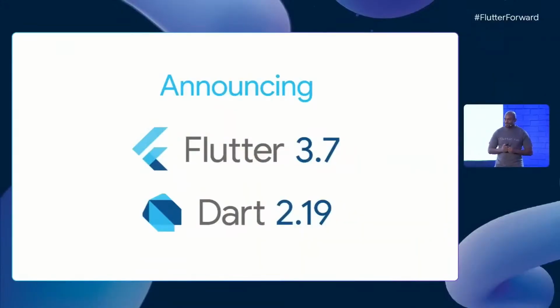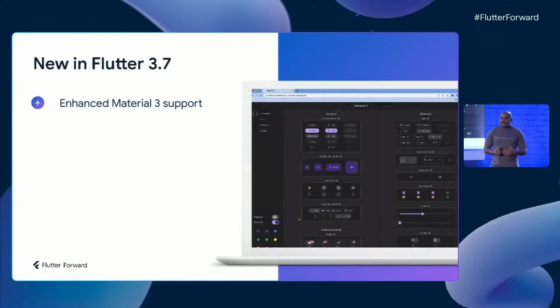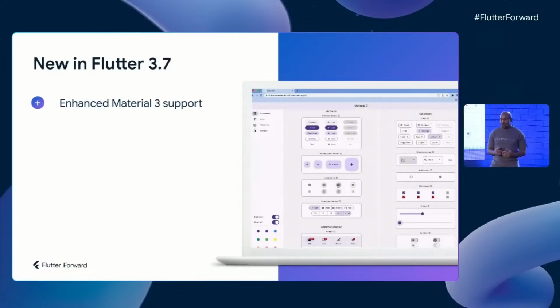All right. So I'm pleased to announce the availability of Flutter 3.7 and Dart 2.19, our latest stable releases. I'm going to talk about a few examples of what's new in Flutter. So we've enhanced Material 3 support, as you've heard already.